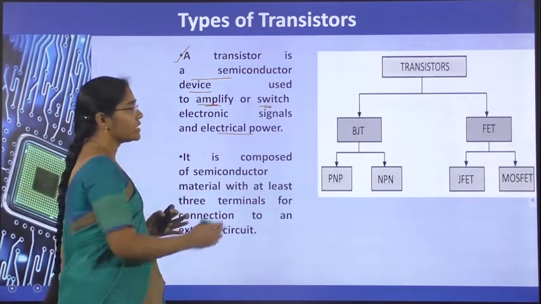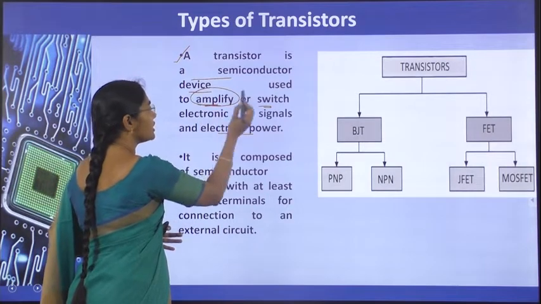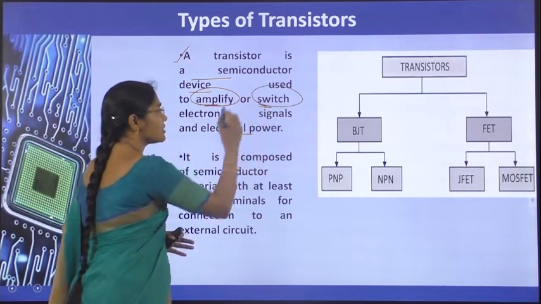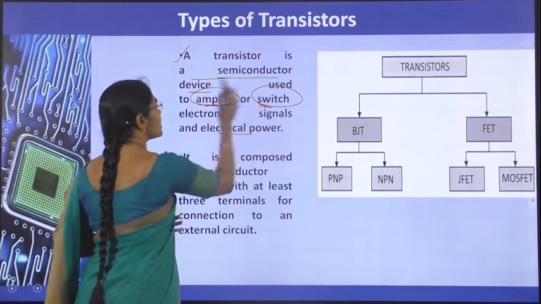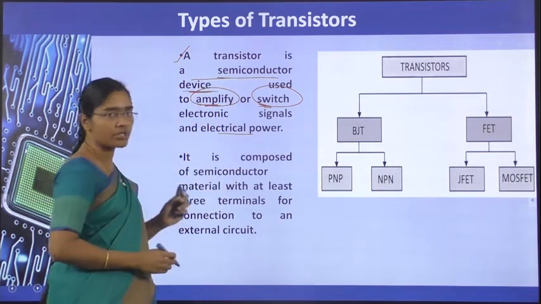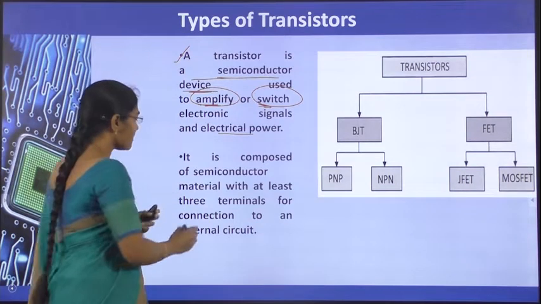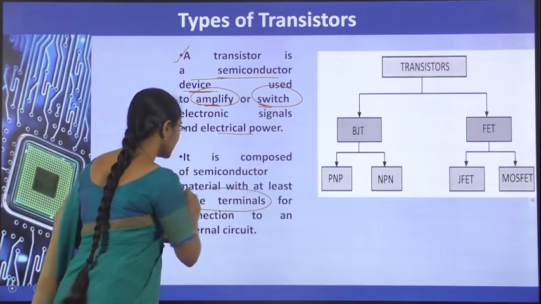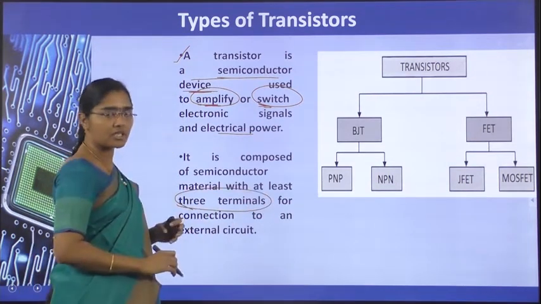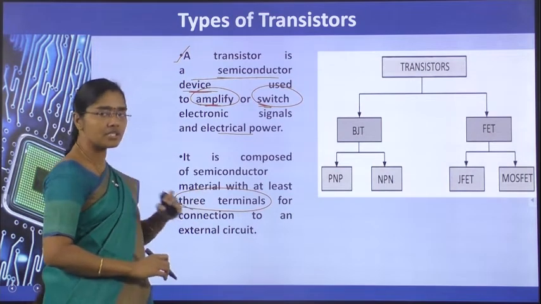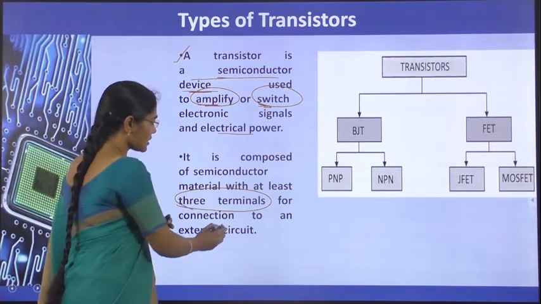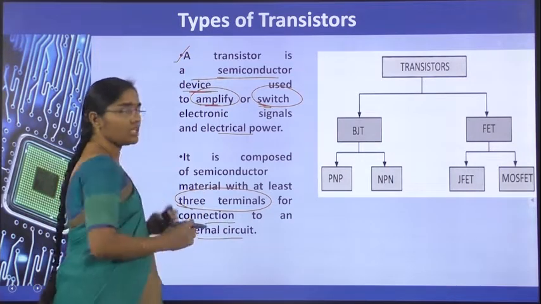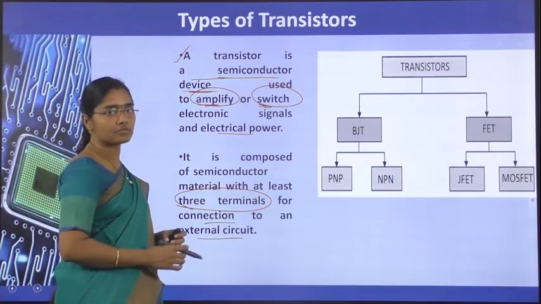In analog applications, it is used as an amplifier, and in digital applications, as a switch. The transistor is always a semiconductor device, composed of at least 3 terminals, and these terminals are used to connect to another external circuit.